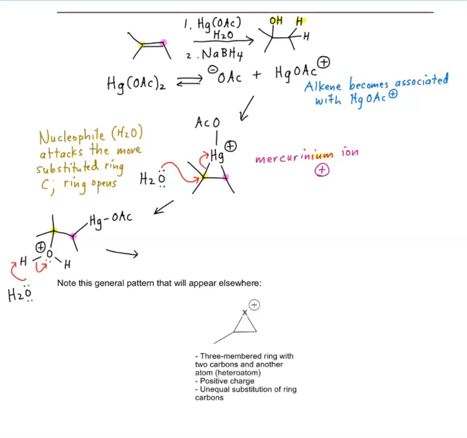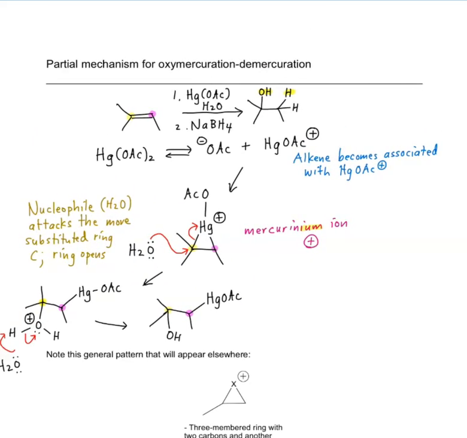It could be water, it could be acetate, and that's going to get us to here. That takes us through the first step, the one labeled 1, up above here.